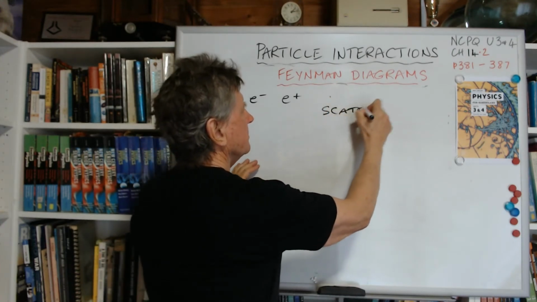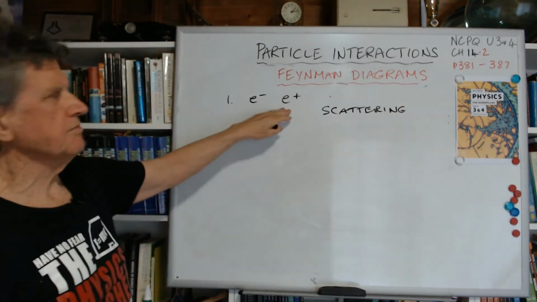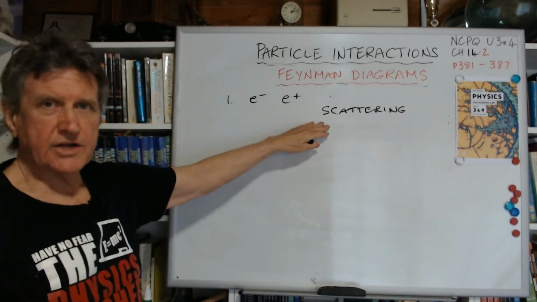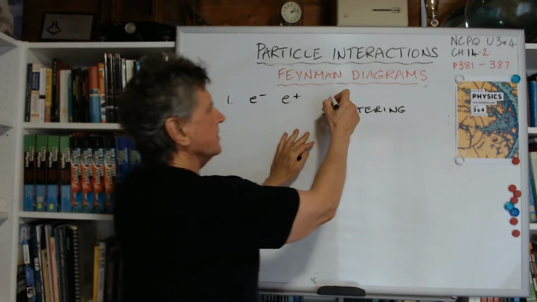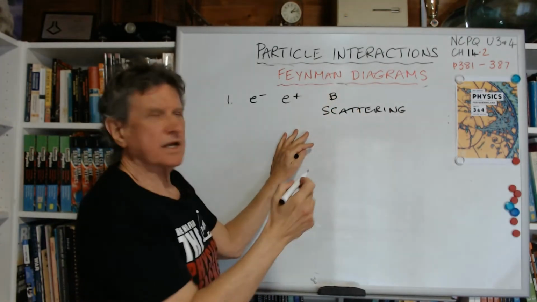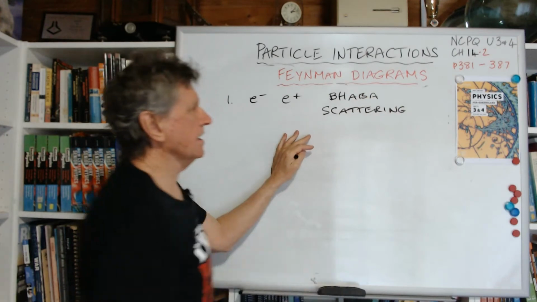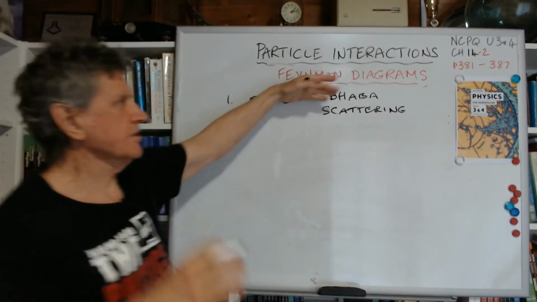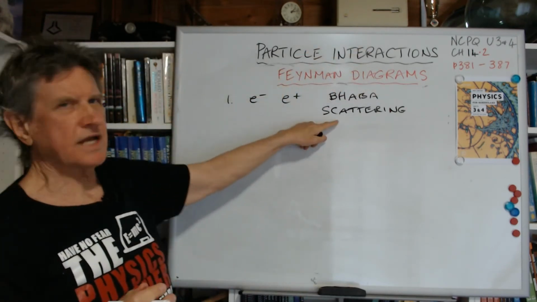Now you could just call it electron-positron scattering, or electron-positron interaction if you like, but it's more than an interaction because there's 2 types. Now, the guy who investigated this is Bhabha, Bhabha scattering. Now, again, you don't have to know that name, but I'd call it electron-positron scattering.